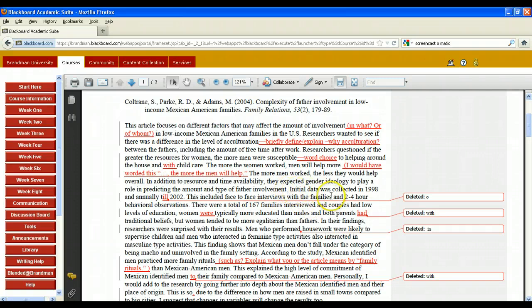Now here, question number 2, the methods. Goes into the methods. Here he goes into the findings. Men who performed housework were likely to supervise children, and men who interacted in feminine-type activities also interacted in masculine-type activities. This finding shows, and so on. Those are the findings.